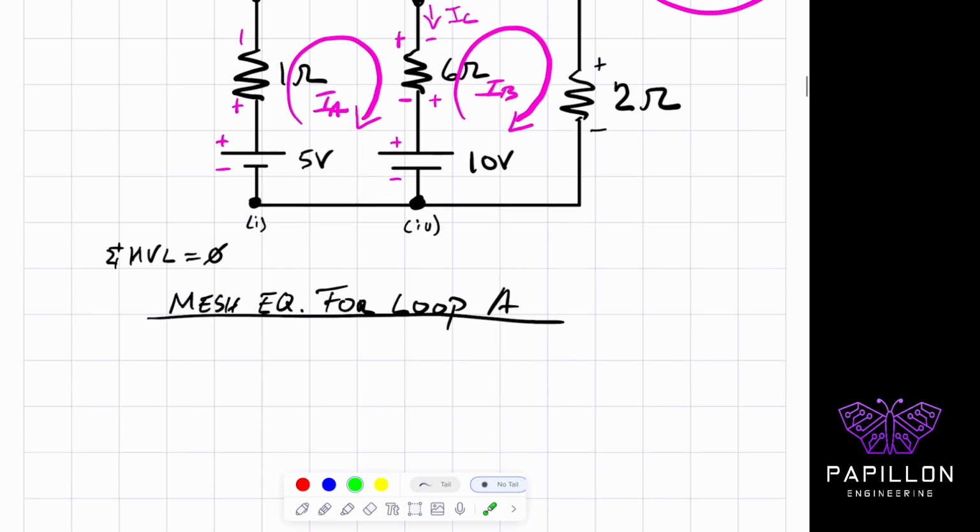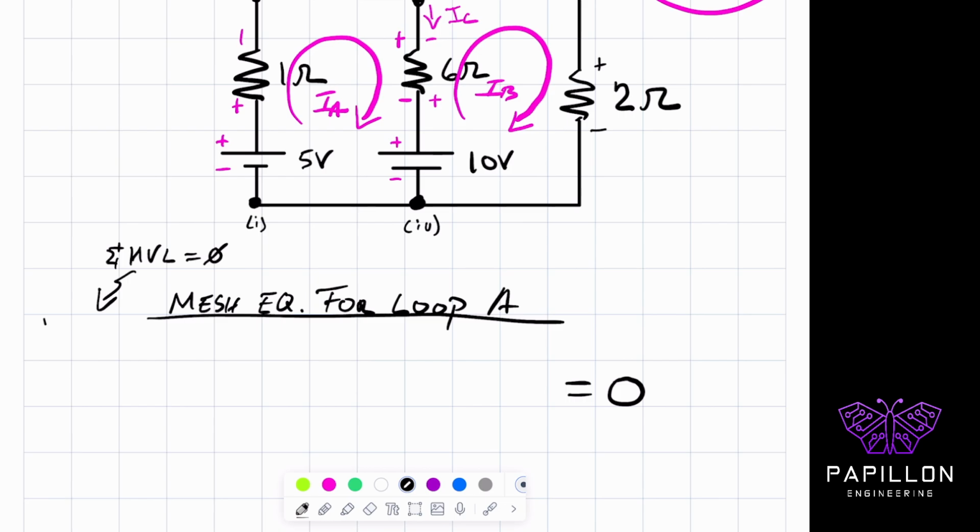And our objective is to write a KVL equation for each one, which means I know the solution to my problem: the net equals 0. So the KVL for the left loop, aka my loop A, means that I'm trying to write down the voltage.